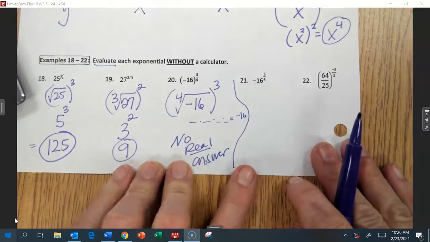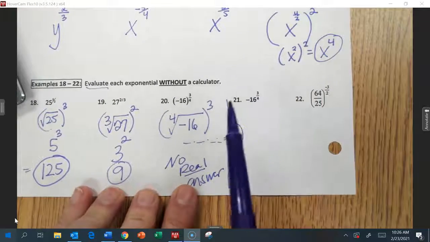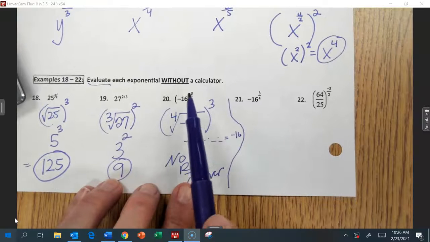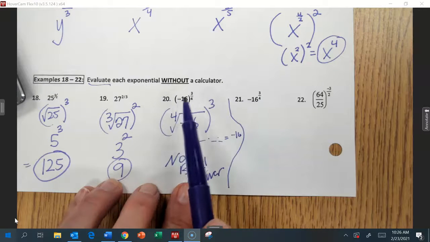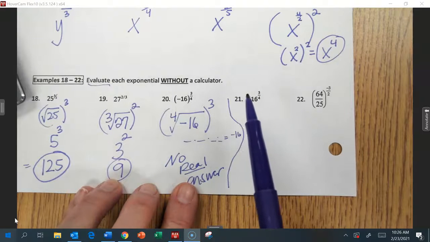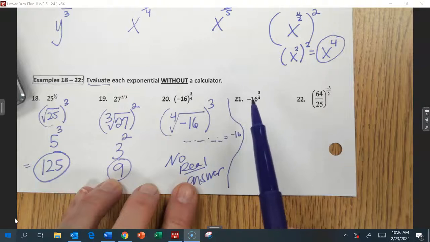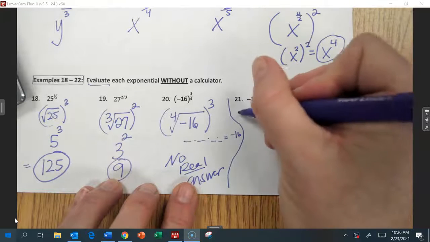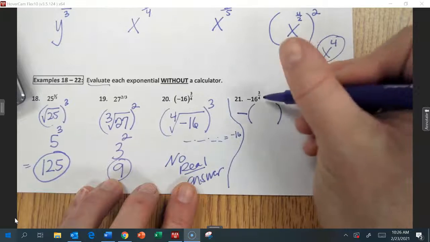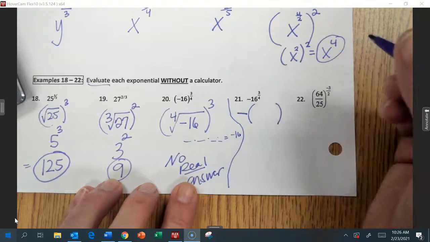All right, but on number 21, the reason this one's a little bit different is, I do this a lot in examples, to show you that here we're taking a negative 16 to the 3/4. But in number 21, we're doing the opposite of 16 to the 3/4. So our base is only 16. So what I do is I kind of keep that negative, and then inside these parentheses I'm going to rewrite 16 to the 3/4 in radical form.